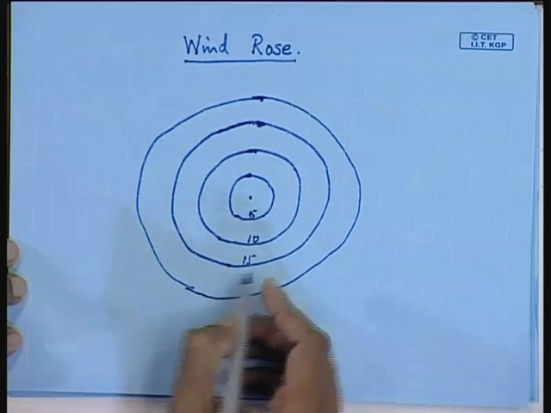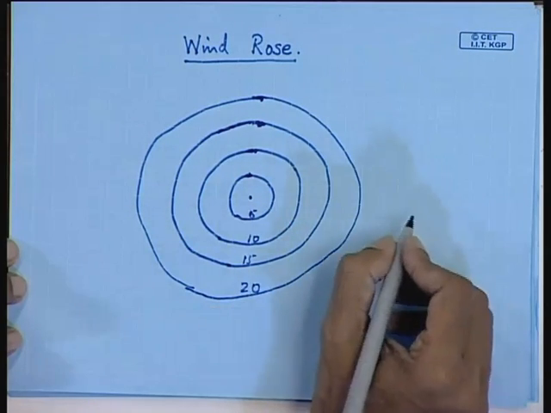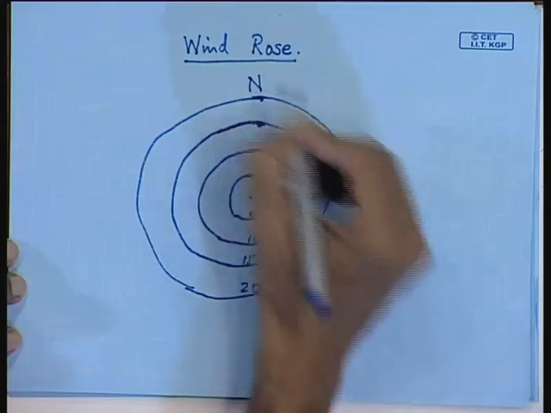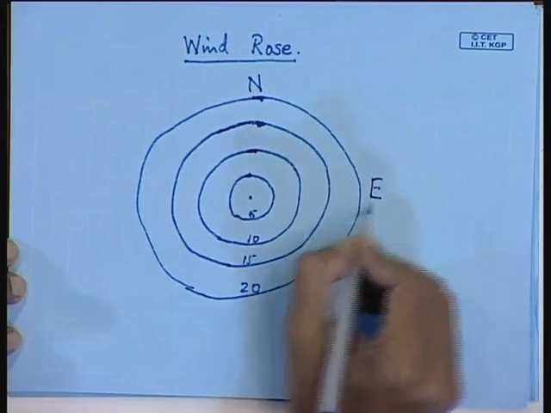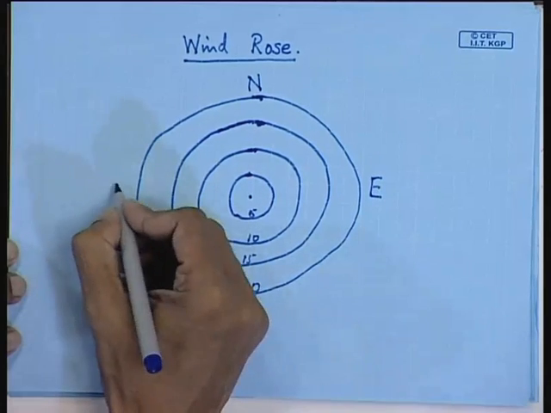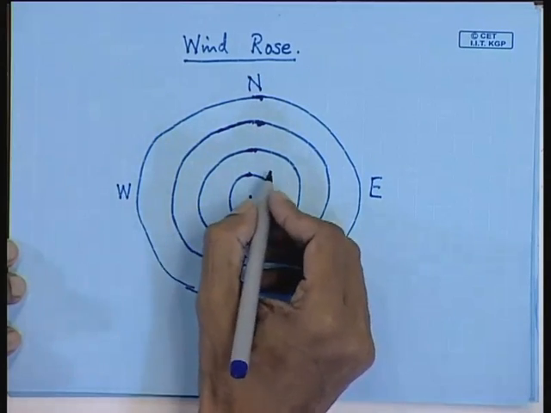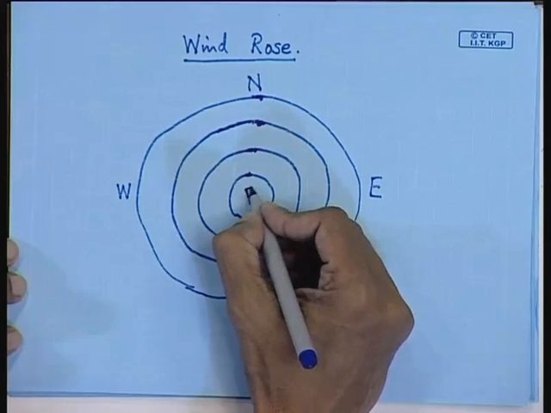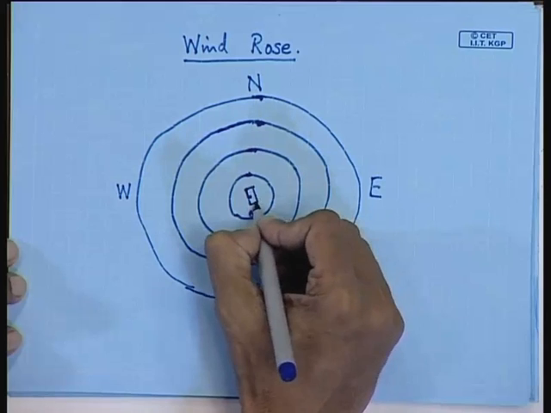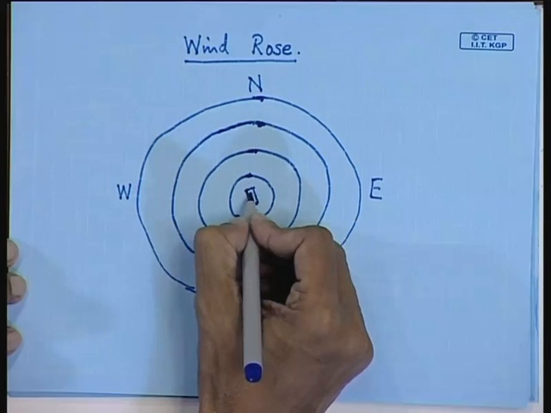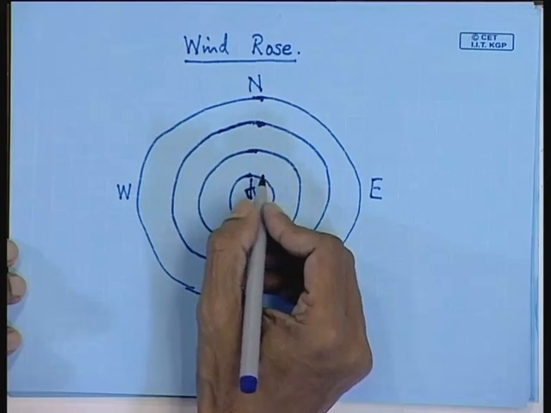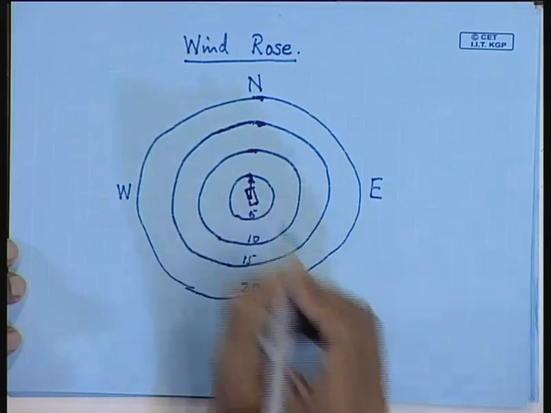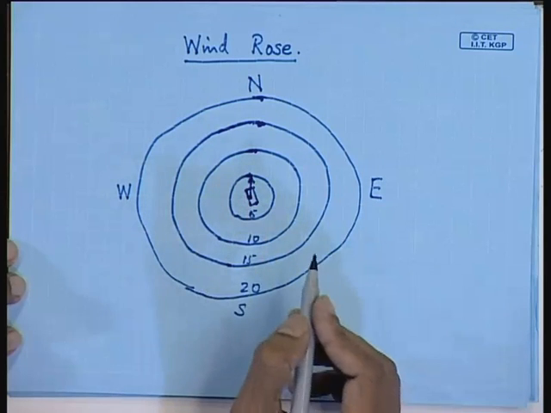Now, after that you give the directions: north, east, south, west, and your platform orientation is suppose somewhere like this, or you can take this as a wellhead orientation. This direction tells you that less than 5% of the time in a year the wind is blowing in the north direction.